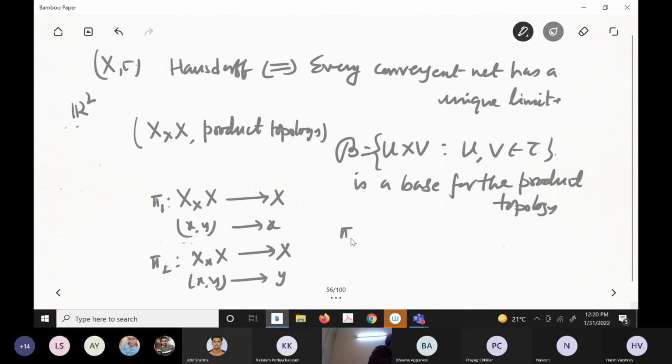Pi 1, pi 2 are open and continuous, so they are quotient maps also.